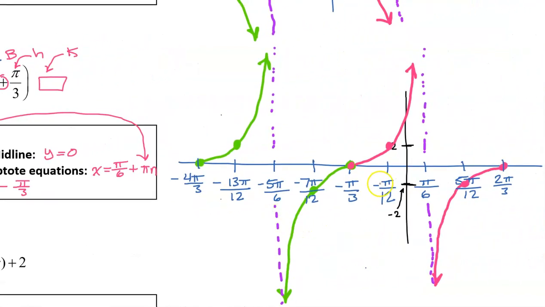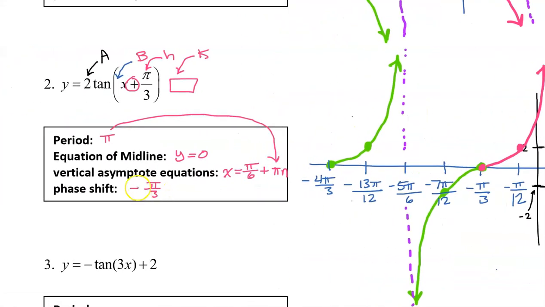If n is 2, that means that there will be another asymptote if you add 2 pi. If n is negative 3, that means you'll have another asymptote at negative 3 pi. Please understand that if the period were, let's say, pi over 3, then this part of the asymptote equation would be pi over 3n.